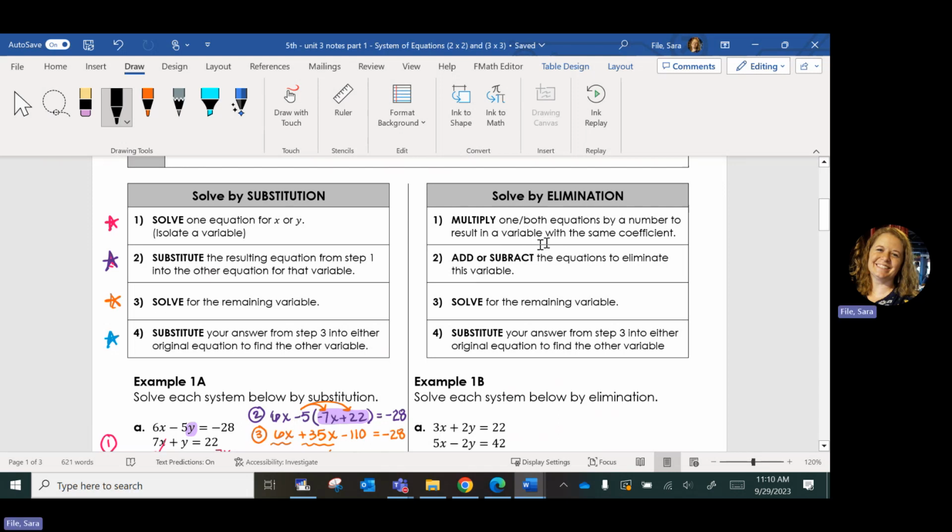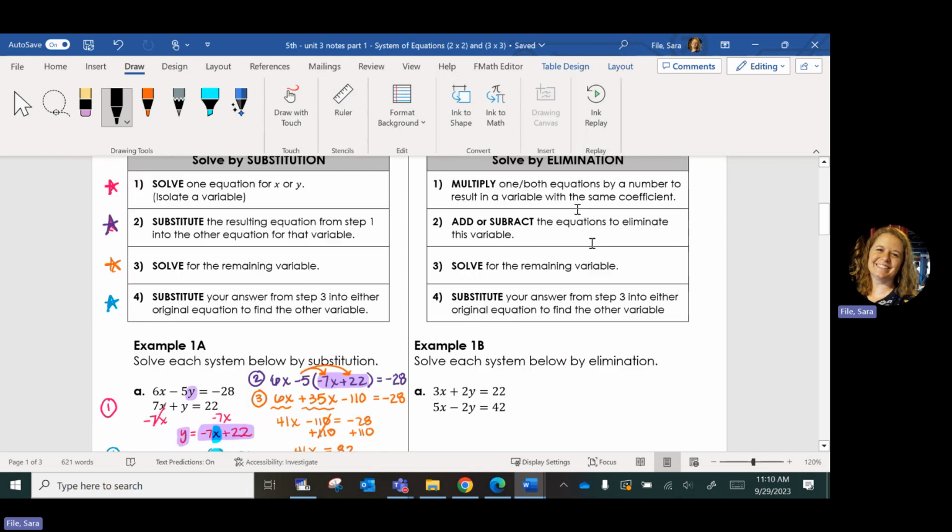The x or the y with the same coefficient. What's a coefficient? The number in front of the x or y being multiplied. So they're saying they want both of your x's to have the same coefficient or both of your y's to have the same coefficient. Okay, so that's the goal of step 1.